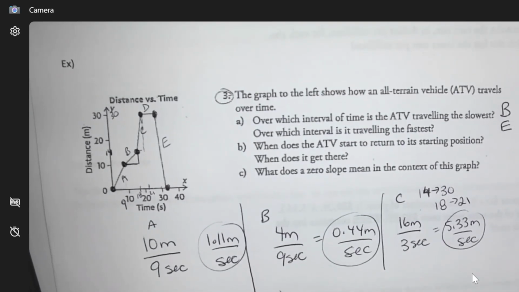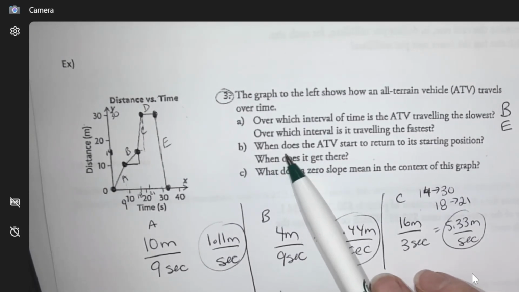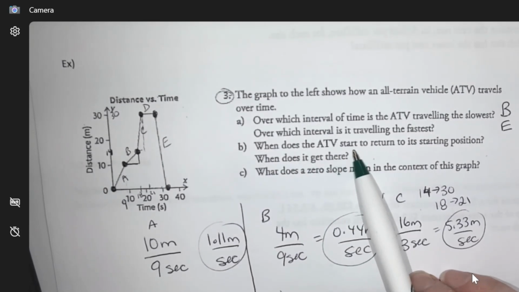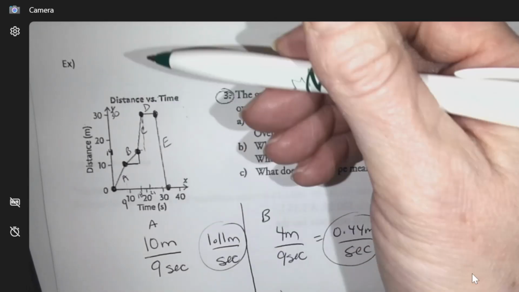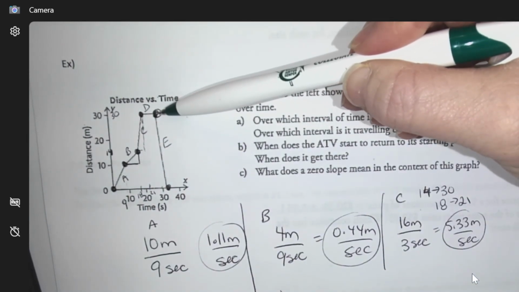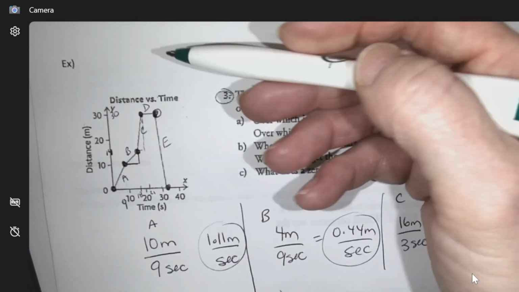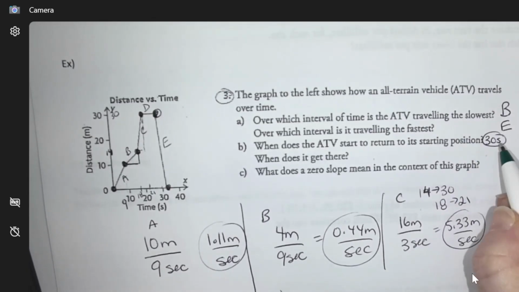Do you remember slopes from graphing lines? Does that make sense, why something would be slower or faster? When does the ATV start returning home? When would it start doing that? Right here, it's going to start to go back, right? So we answer at 30 seconds.